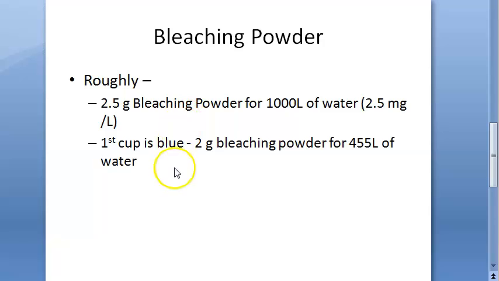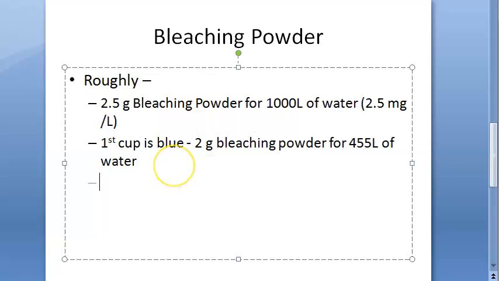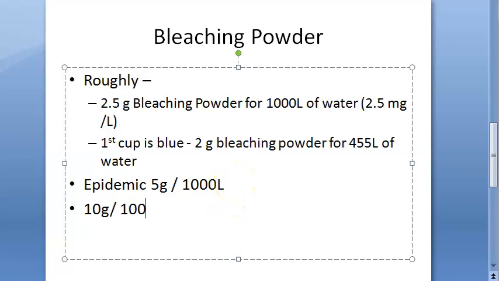If there's an epidemic, you should use more bleaching powder. So if there's an epidemic in that area, use 5 gram per 1000 liter. And if viruses, cysts, cyclops, etc. are there, you will have to use 10 gram per 1000 liter.